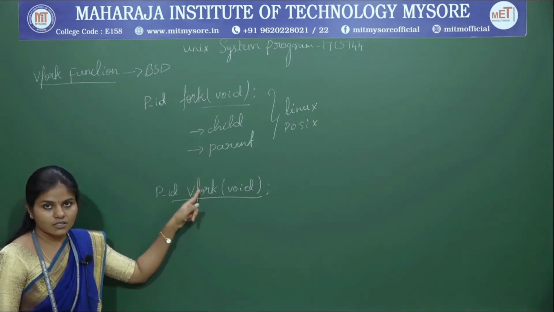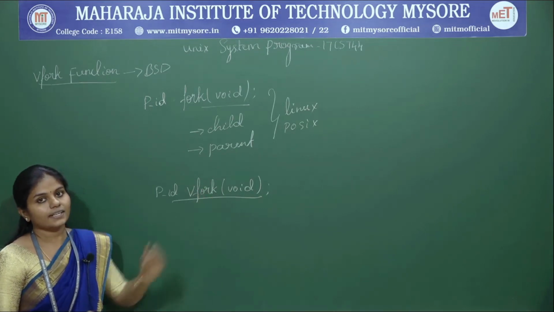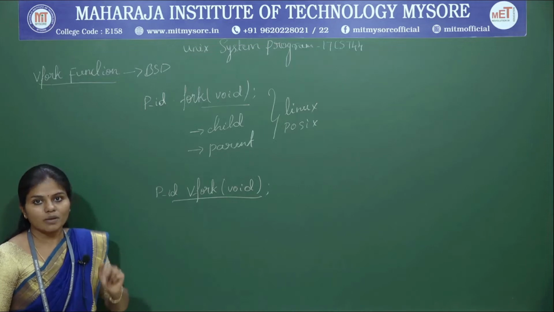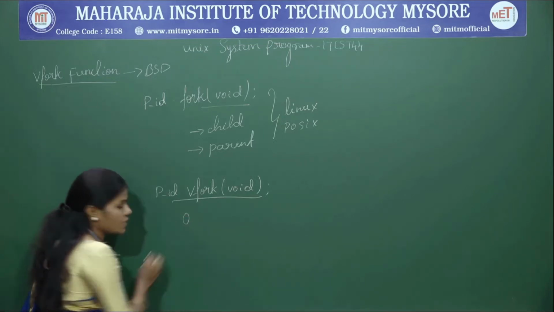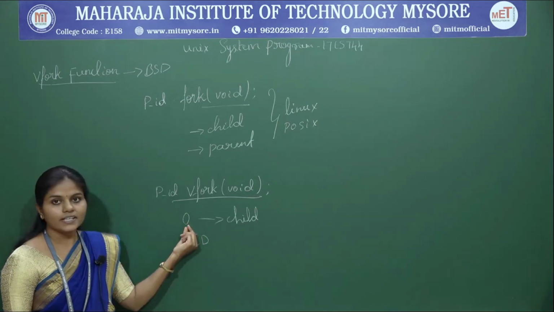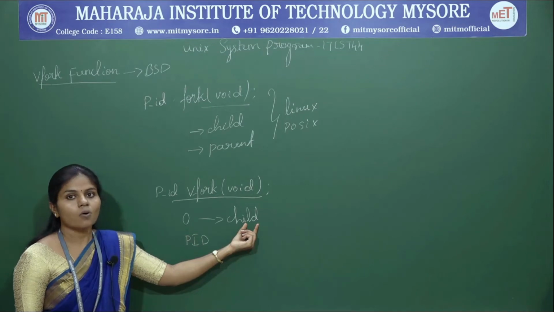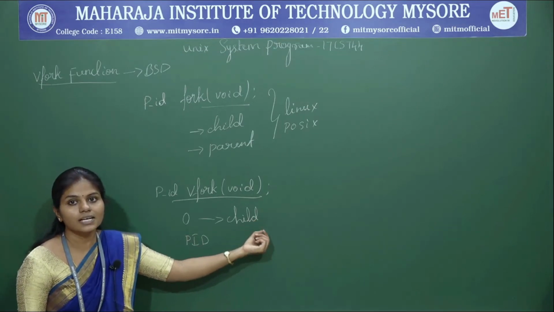If the child is created successfully, it returns two important values: one is 0 and the other is a PID. It returns the 0 value for the child process. Why? Because every child has a single parent.